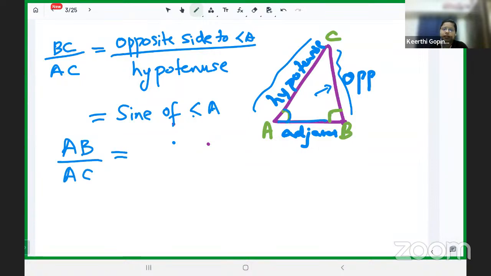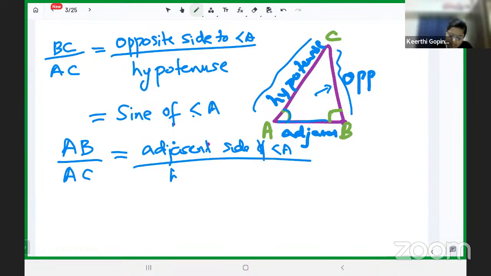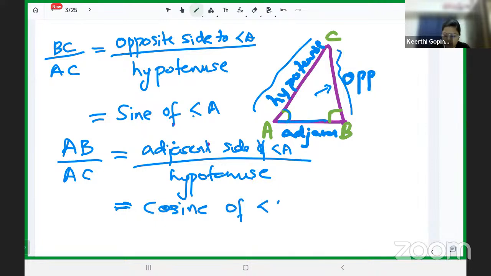AB is the adjacent side of angle A, and AC is again the hypotenuse of the triangle. So AB by AC is adjacent side by hypotenuse, and this trigonometric ratio is called cosine of angle A.